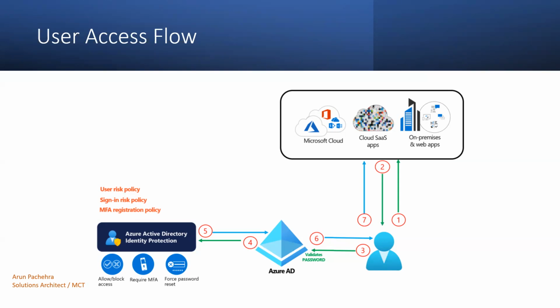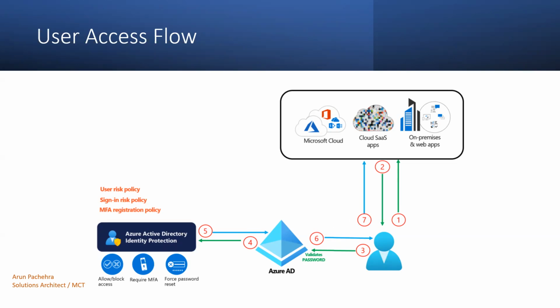If user or sign-in risk is detected, access can either be blocked, allowed through MFA, or forced password reset. The control that will be applied is based on the risk level detected and the control that is configured in the identity protection policies. All right, let's check this 5, 6, and 7. Once this is done, it will give the go ahead and the user can access the application.